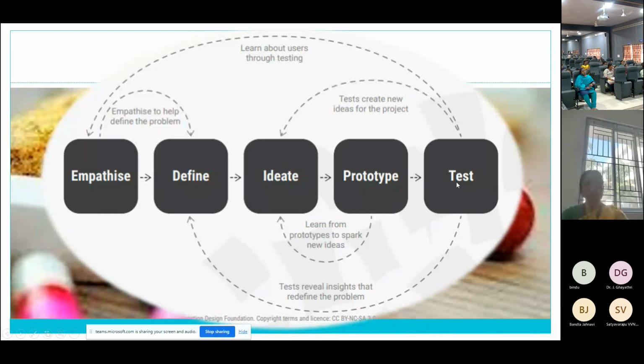Again, in testing, if you have something you have to improve, then you have to redefine your problem, or you can go for a new idea of the project, or you have to go and understand your problem. So these are the things in and around this ideation.